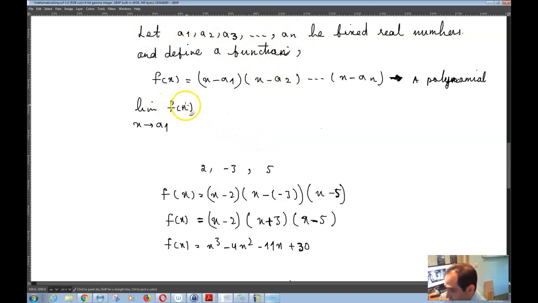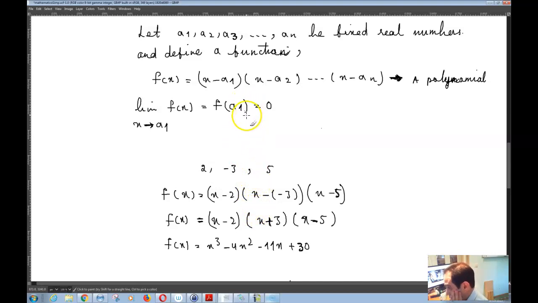Now, since this is a polynomial and you want to calculate the limit of this polynomial at, for example, this a1, we said that if f of x is a polynomial, and if you want to calculate the limit of f of x as x tends to any a basically in the domain of that function, it's going to be equal to f of a, which is in this case f of a1. And here we saw that f of a1 was equal to 0 because a1 was a zero of the polynomial.